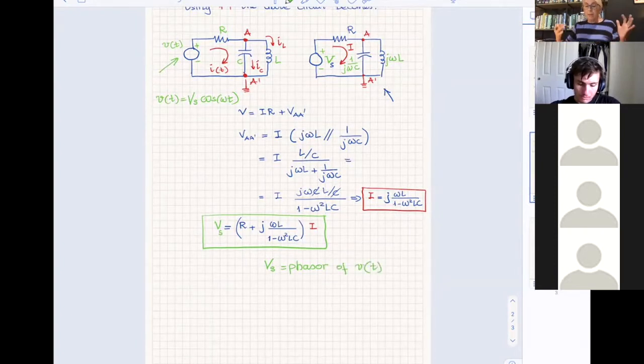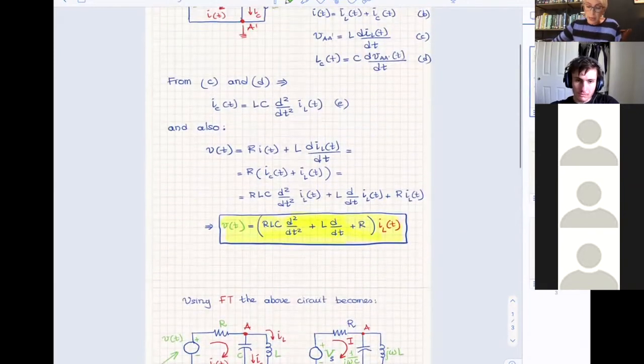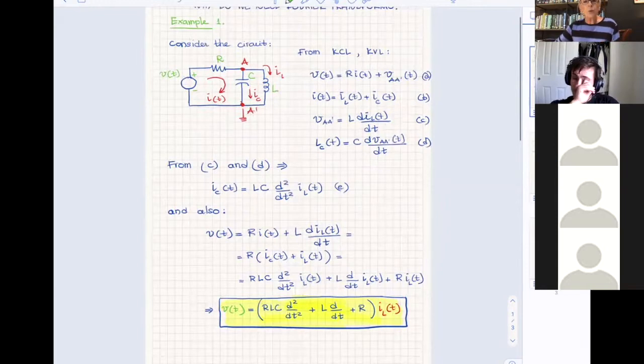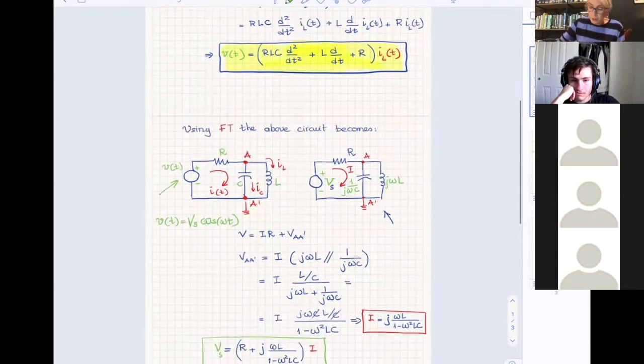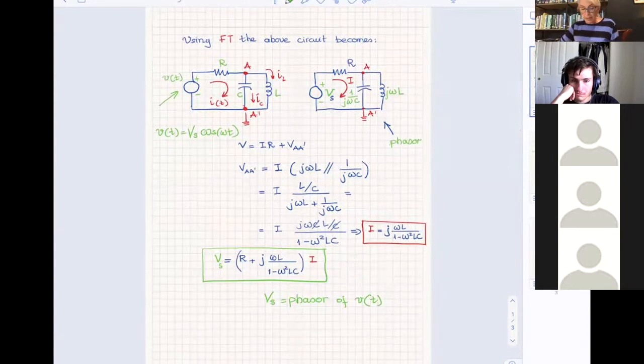So without getting more into the fundamentals that we covered in 322 or other previous circuit courses, I would say that we have learned how to take this time domain circuit and move it to the phasor domain, and then solve in the phasor domain and find V sub S, which is then the phasor of V of t.